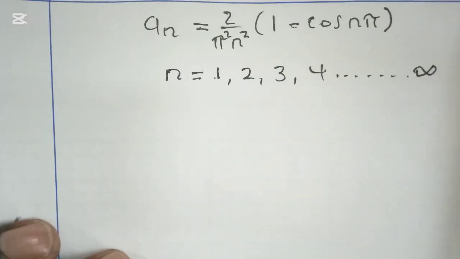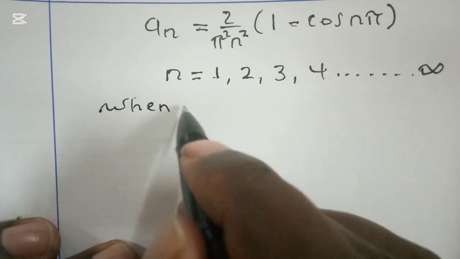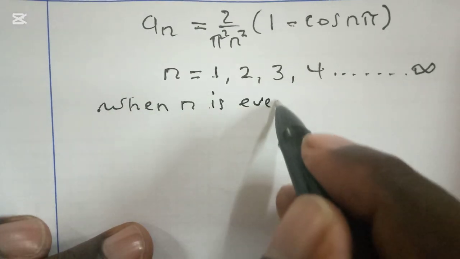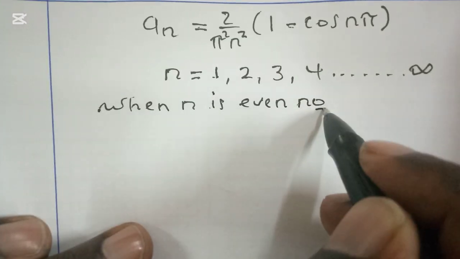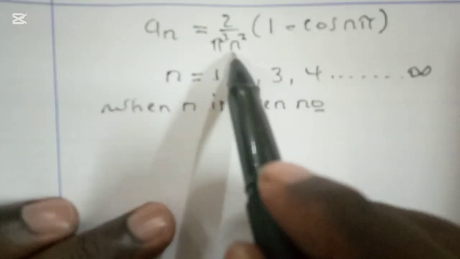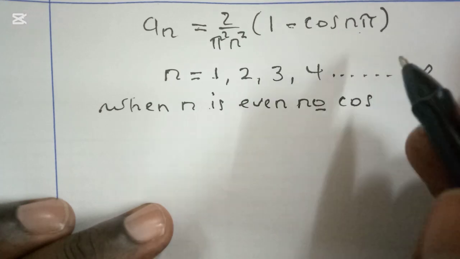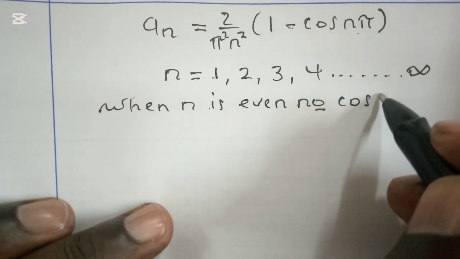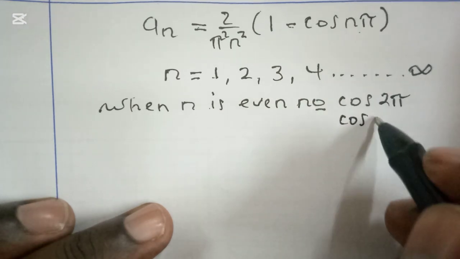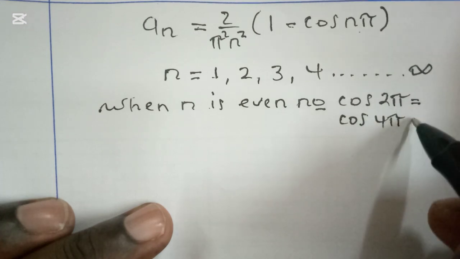So we now say, when n is an even number, we look at this point. We leave this one first, we look at this. This is going to be cos. For example, we can have cos 2 pi, cos 4 pi and cos 6 pi, but let's check for that.